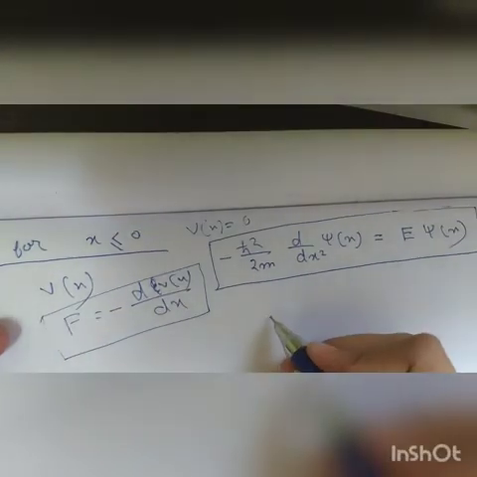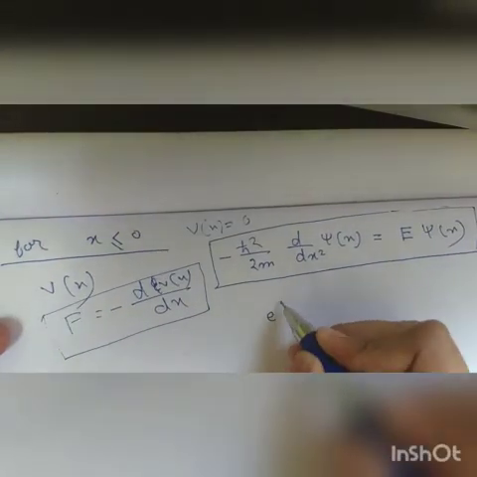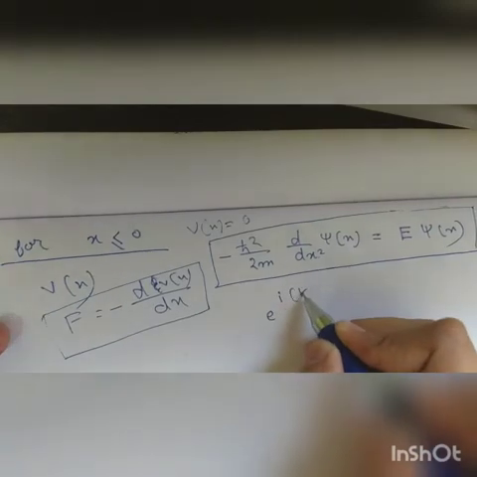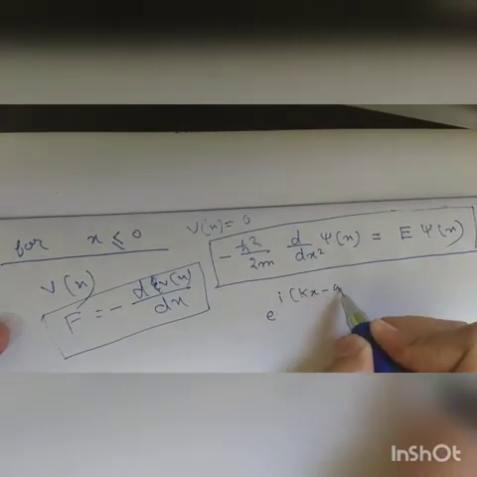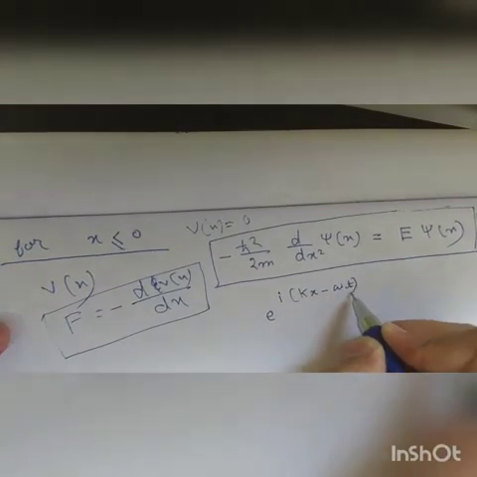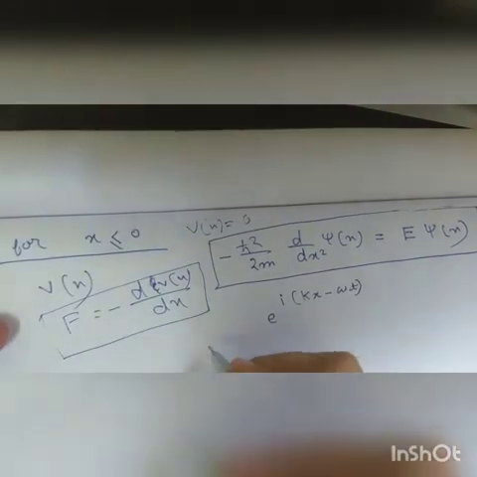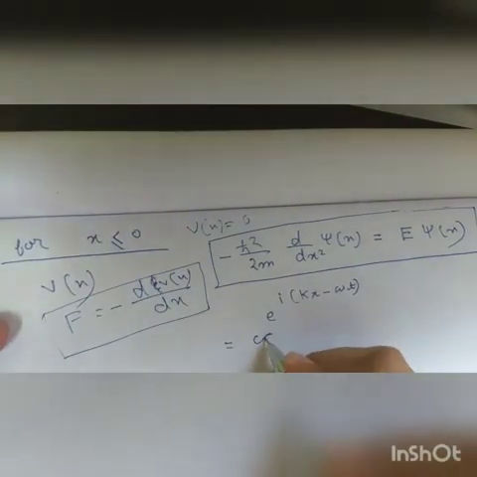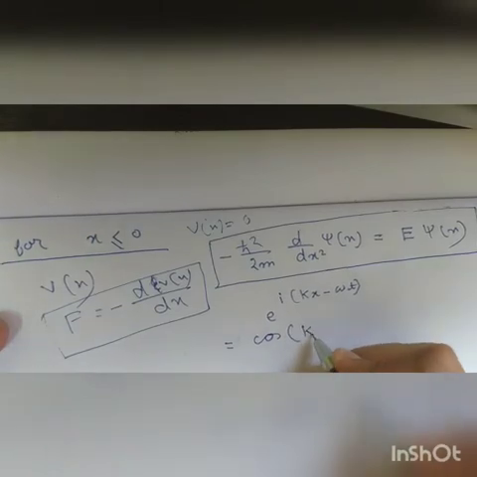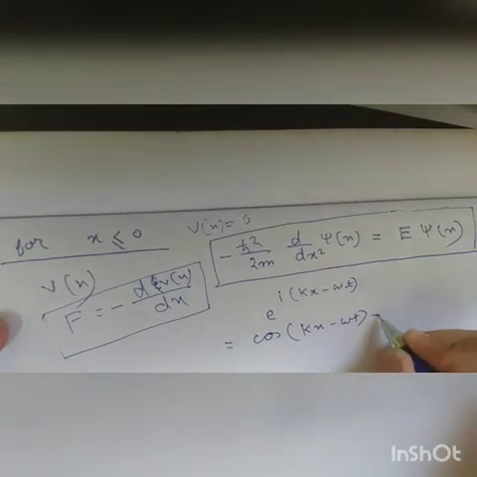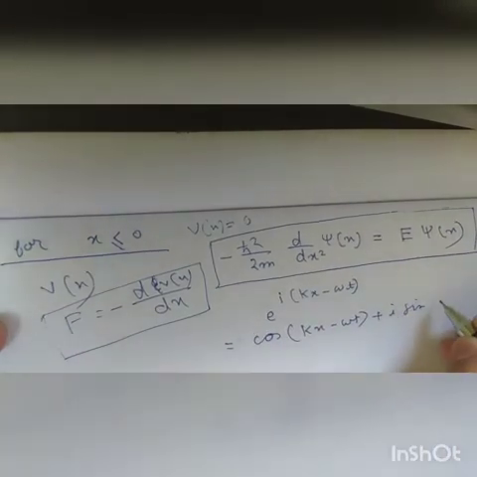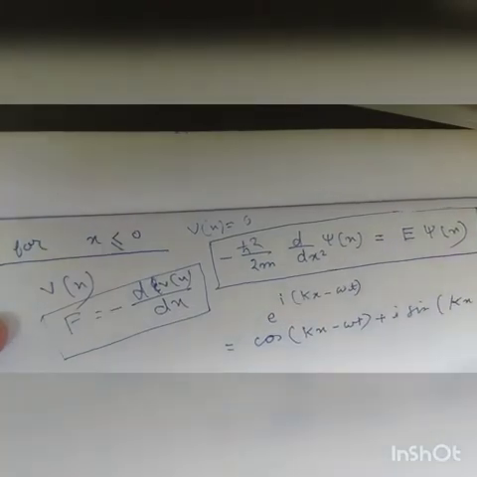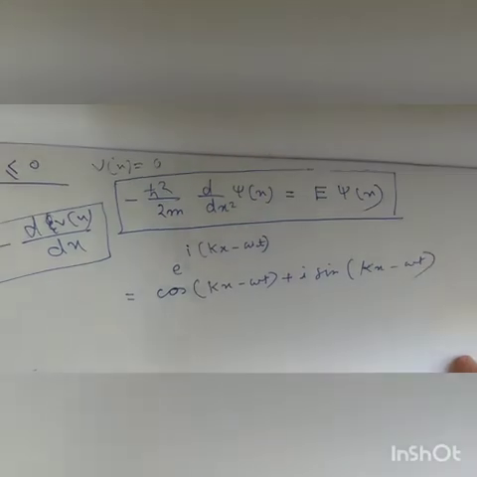The solution for a free particle, we can write in Euler's form, is e to the power i(kx minus omega t) plus i sine (kx minus omega t). How did we get to this?